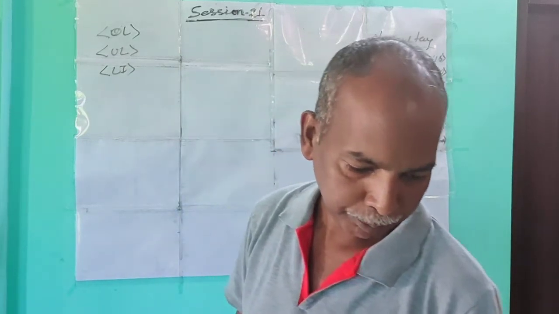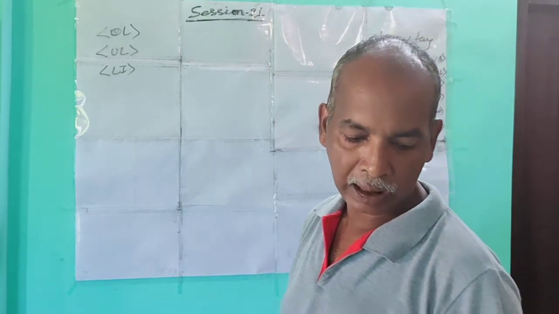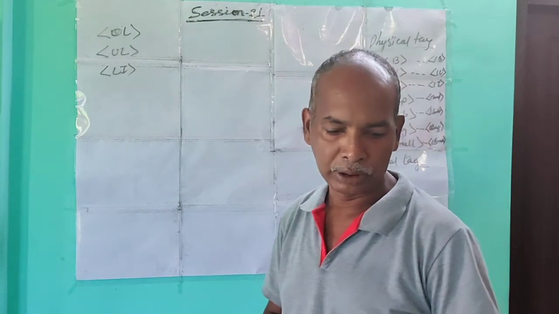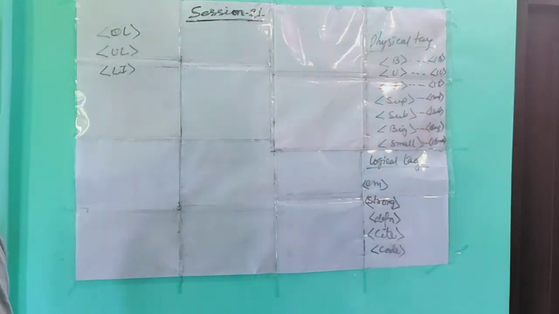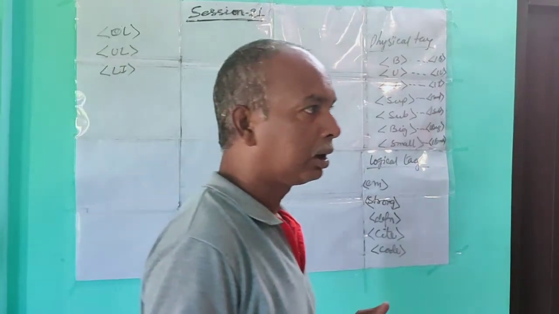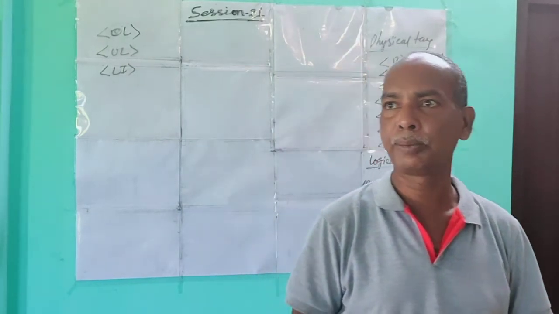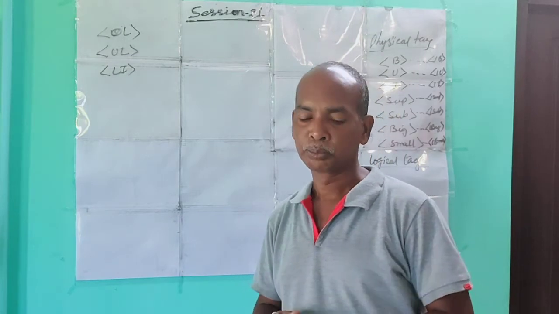So an unordered list is used to list items in which the order is not specified, or where the order of the items is not given in ascending or descending order.